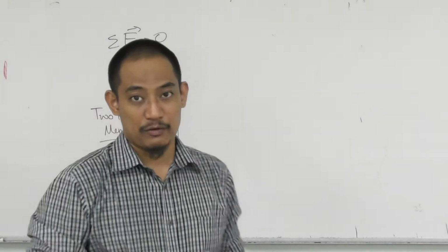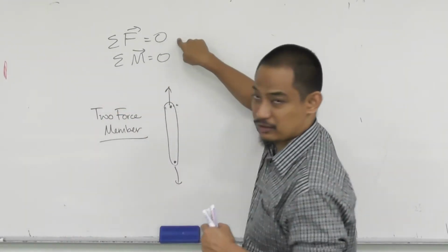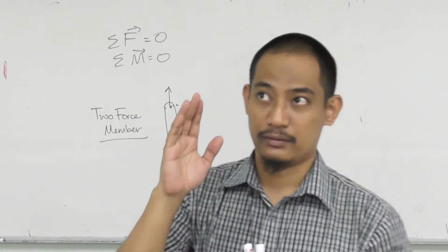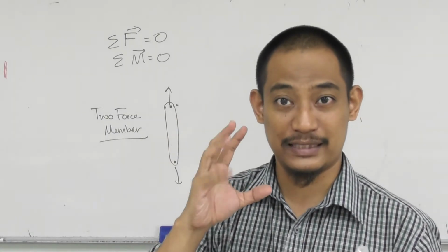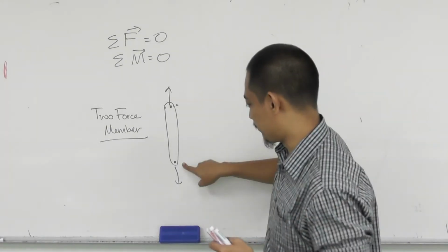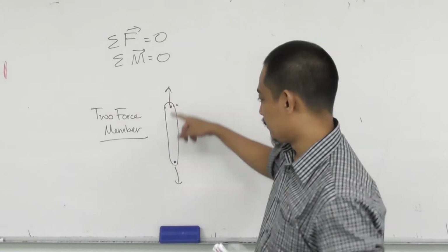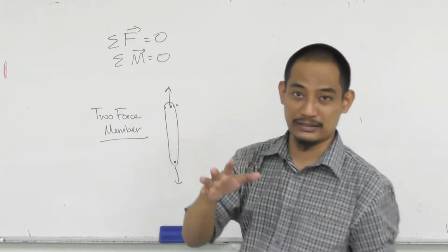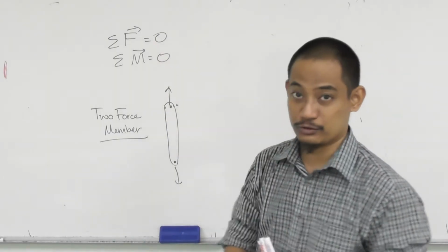Now, for summation of force equal to 0, these two forces should be opposite and the same value. So either up and down, or down and up, that's opposite. They will cancel each other, hence summation of force equal to 0.